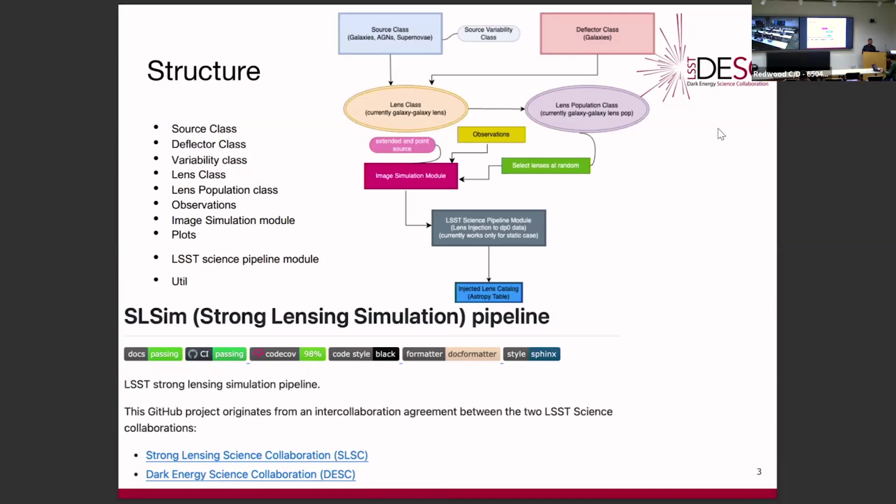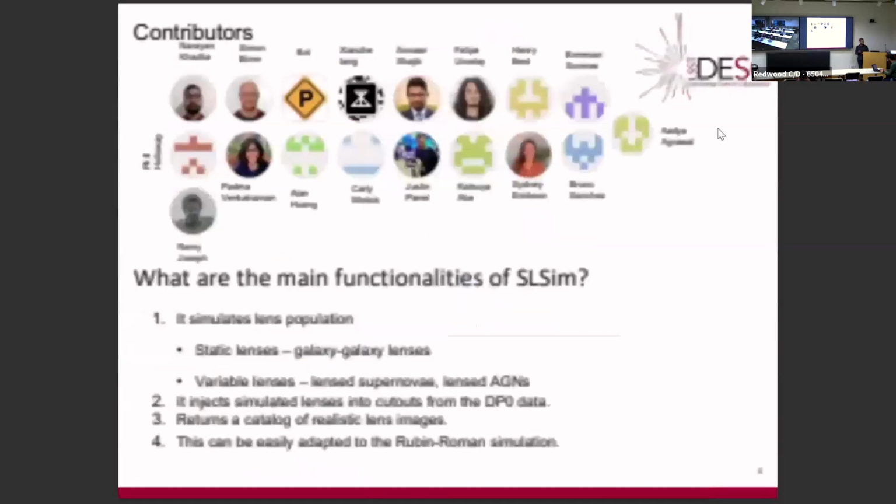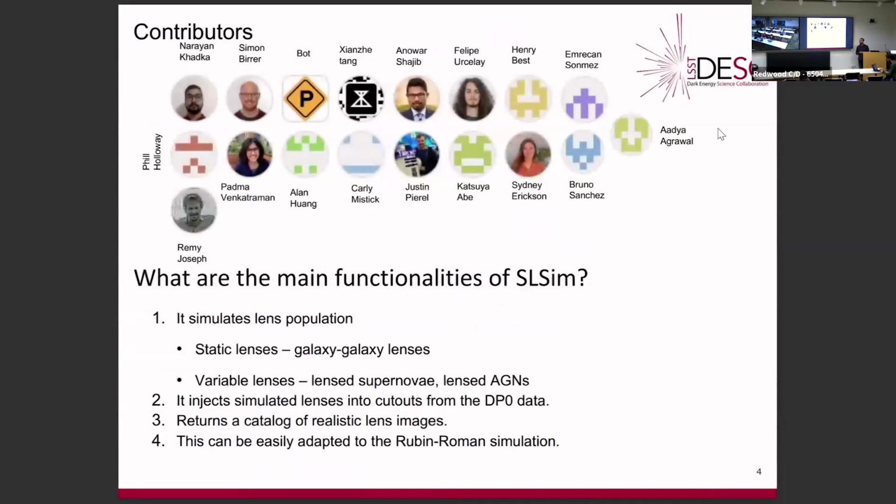This project is under the Strong Lensing Science Collaboration and the Dark Energy Science Collaboration. Currently we have 18 contributors in SLSim, and this number will increase in the future.